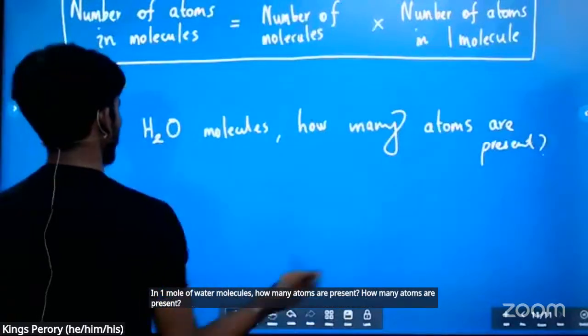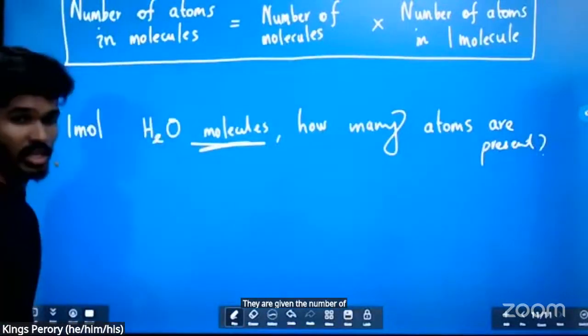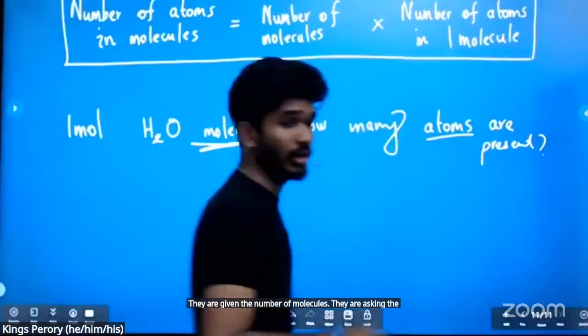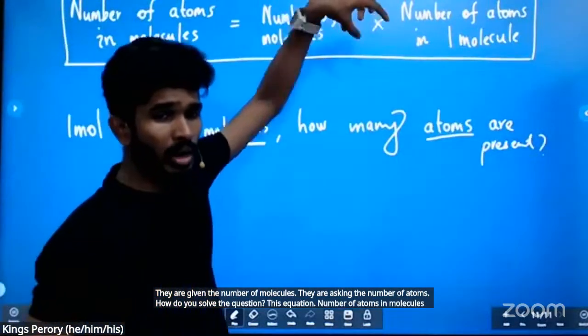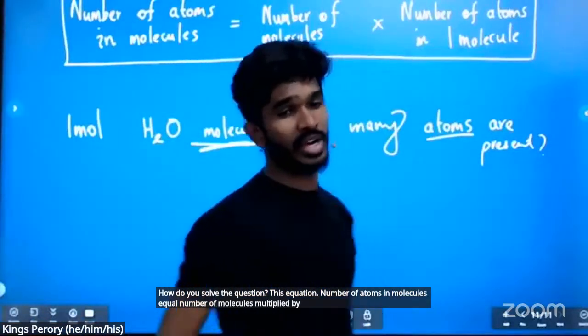See, they have given the number of molecules. They are asking the number of atoms. How do you solve the question? This equation: number of atoms in molecules equal number of molecules multiplied by number of atoms in one molecule.